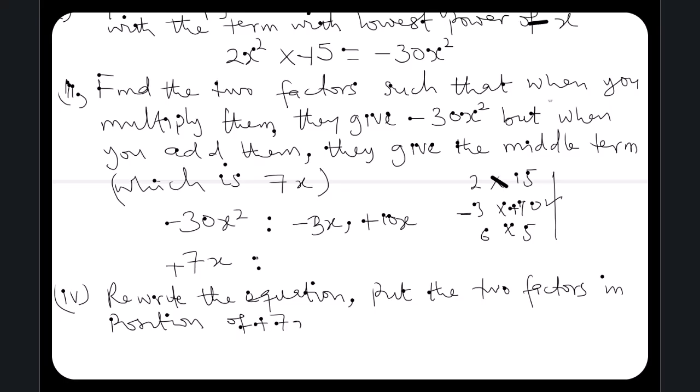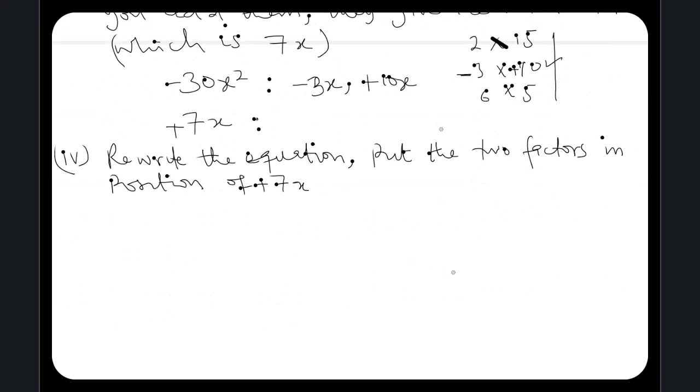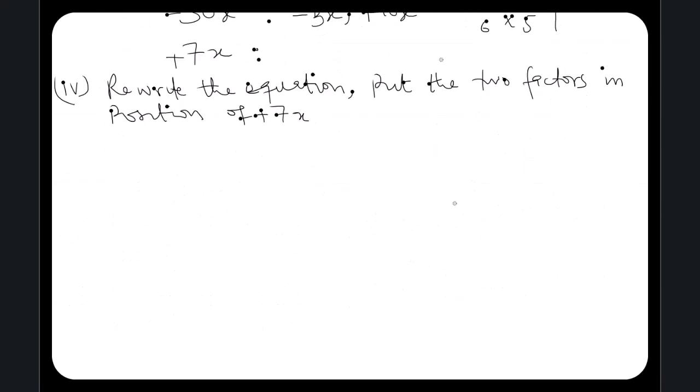So the equation will now become 2x squared minus 3x plus 10x minus 15 is equal to 0.